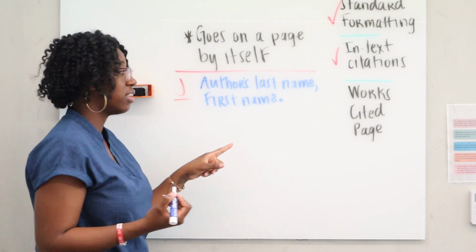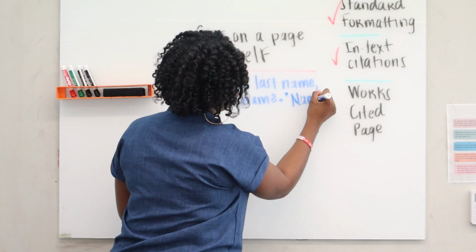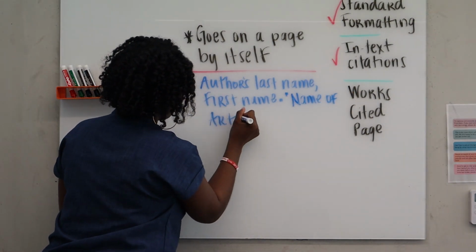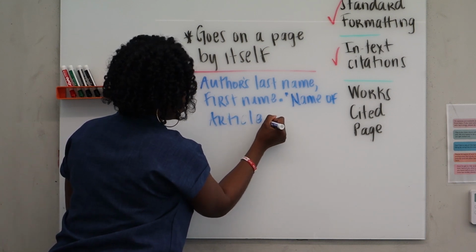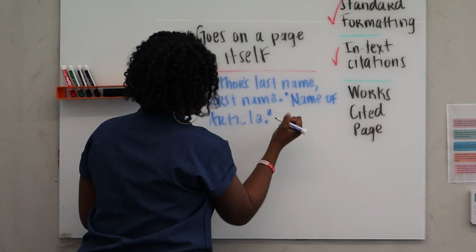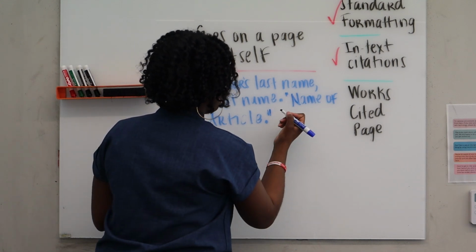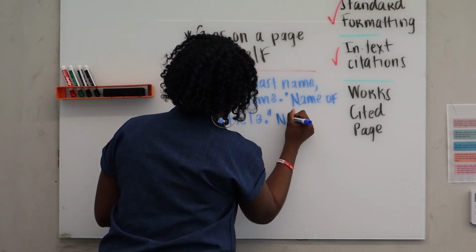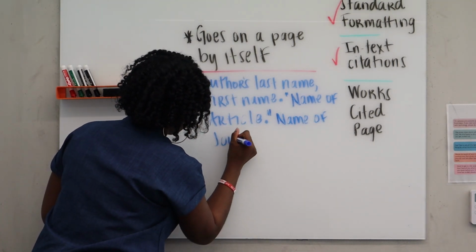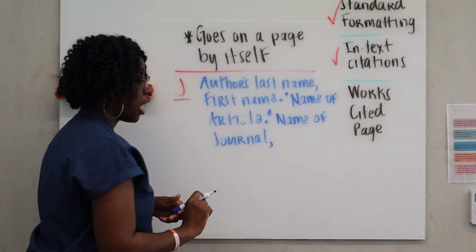So after the author's name, in quotation marks, you're going to put the name of the article. You're going to put a period at the end of the article title, and then you're going to close the quotation marks. Afterwards, you are going to put the name of the journal that the article is published in, and you're going to put a comma there.